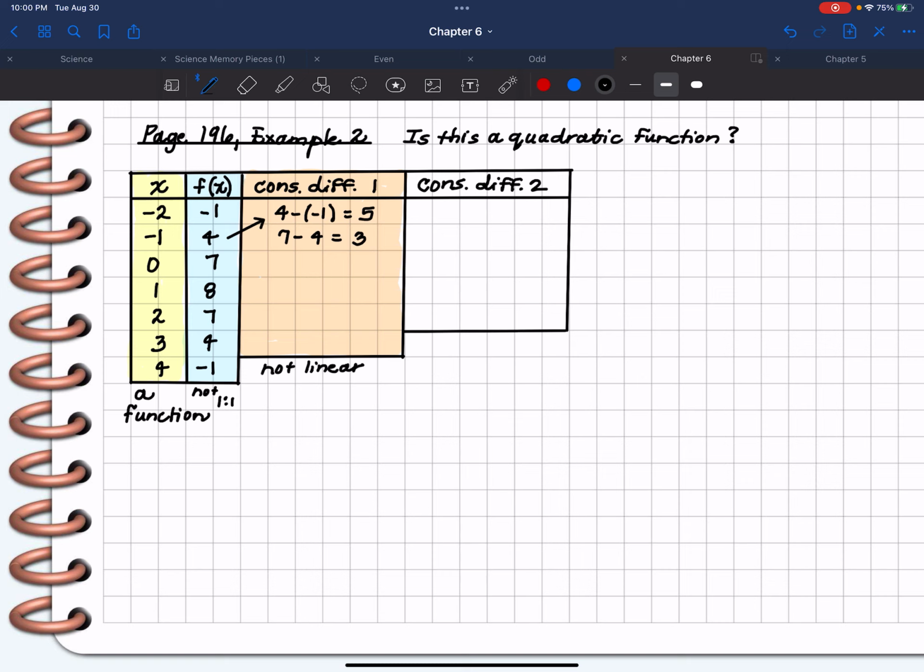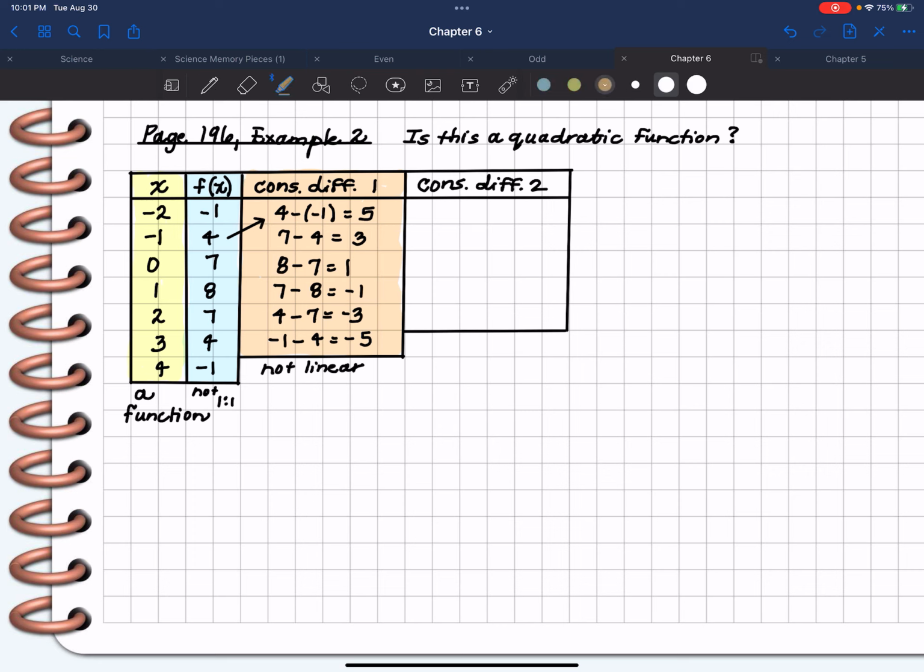But let's finish them. 8 minus 7 is 1. 7 minus 8 is -1. 4 minus 7 is -3. And -1 minus 4 is -5. So it is not linear because it's not common at the first level.